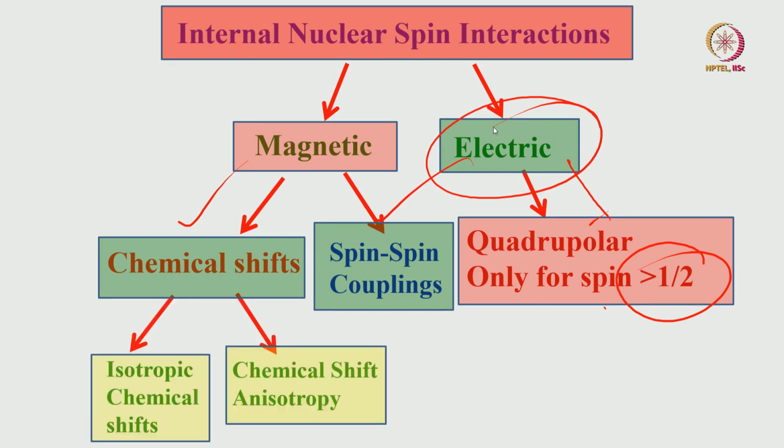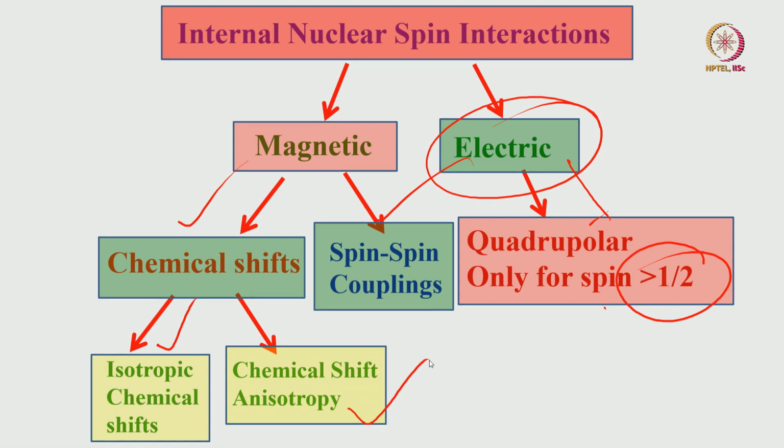Now, chemical shift is one of the internal, magnetic interactions. I can classify it into two again: one is isotropic chemical shift, the other is chemical shift anisotropy. Chemical shift anisotropy comes only in a system which is ordered, partially ordered or completely ordered.